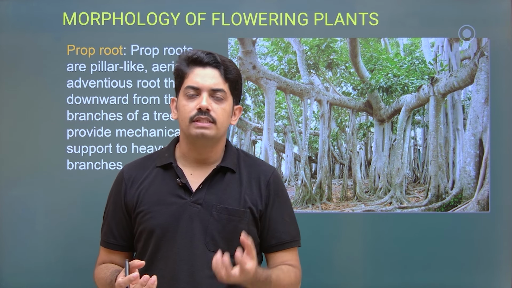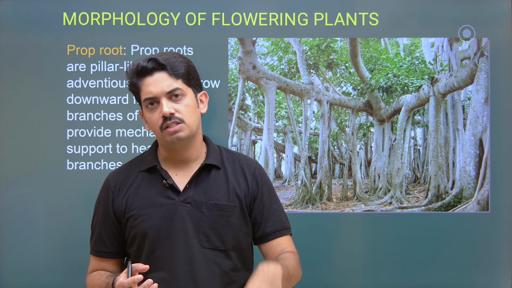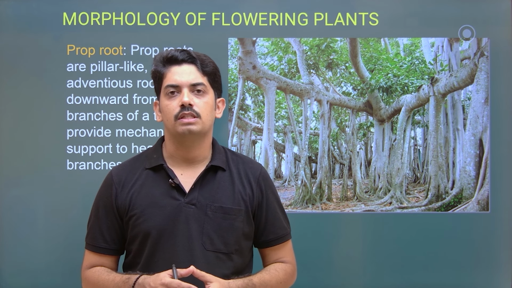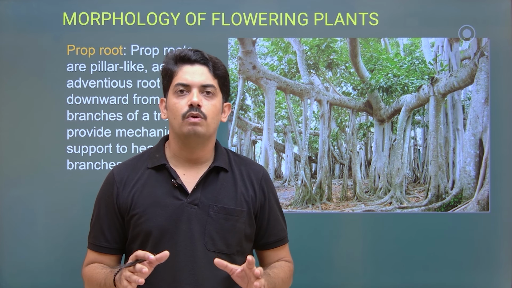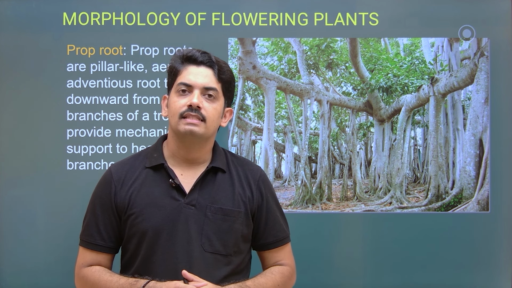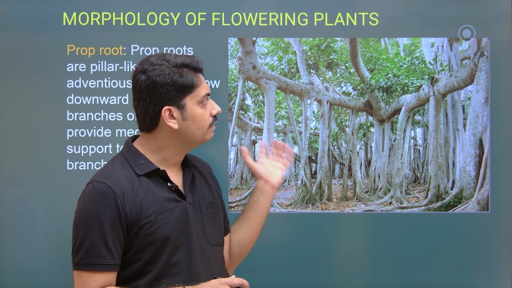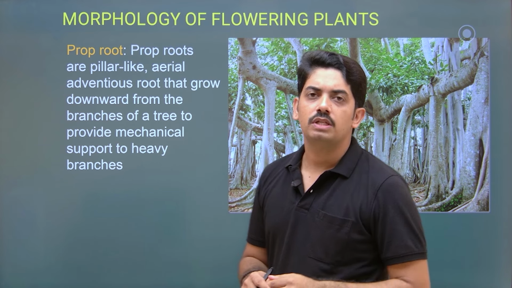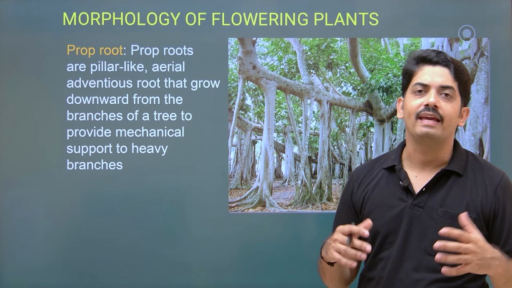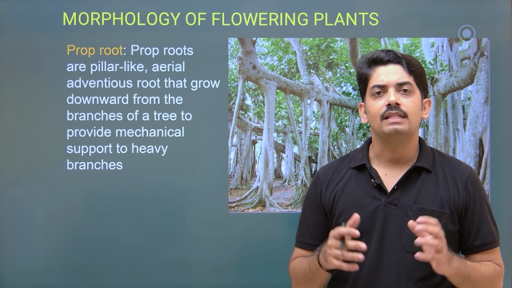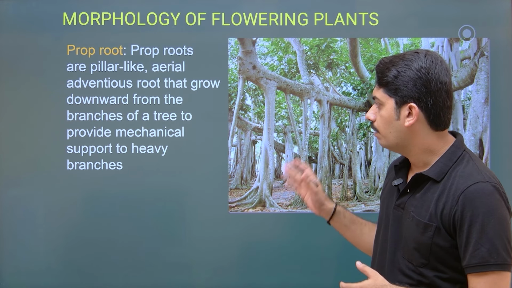These roots hang down and reach the soil, and firmly they produce the root system. So this we call the prop root system, and they act as pillars to support the very large canopy of the plant. You know that the banyan tree has the ability to grow up to acres, 1 acre, 2 acres. That is the size of the banyan tree, and that is mainly because of these prop roots.